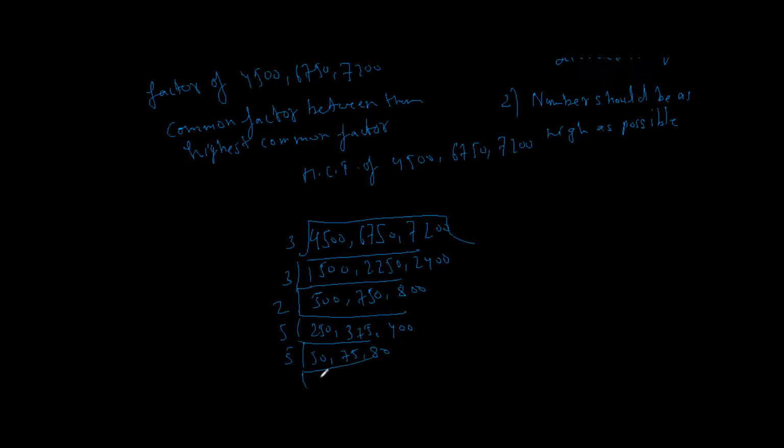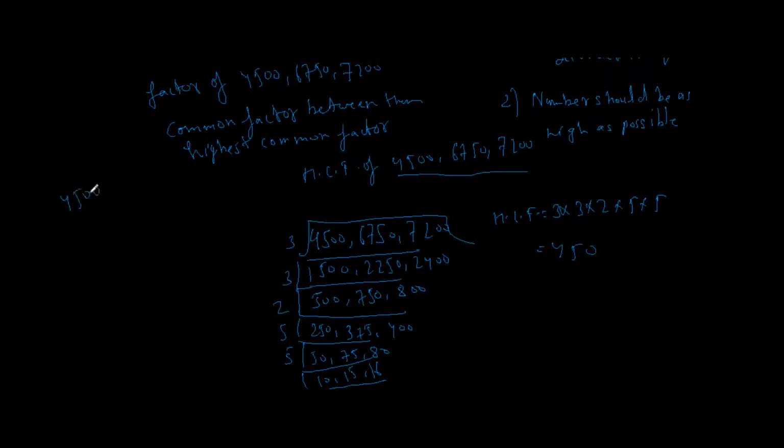One more 5 will give me 10, 15 and 16. Now between 10, 15 and 16 I don't find any common factor, so I will stop dividing. So my HCF is equal to 3 into 3 into 2 into 5 into 5, which is 450. So the highest common factor of these three quantities is 450.